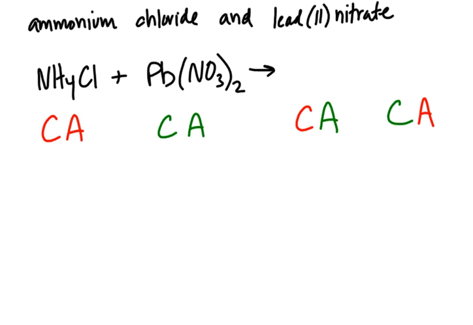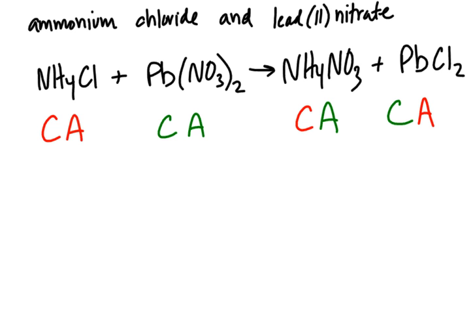So I'm just having them switch places. As they switch places, I'm going to end up with ammonium and nitrate, so NH4NO3, since ammonium is +1 and nitrate is -1. And then I have lead chloride, in this case lead 2 chloride, PbCl2.